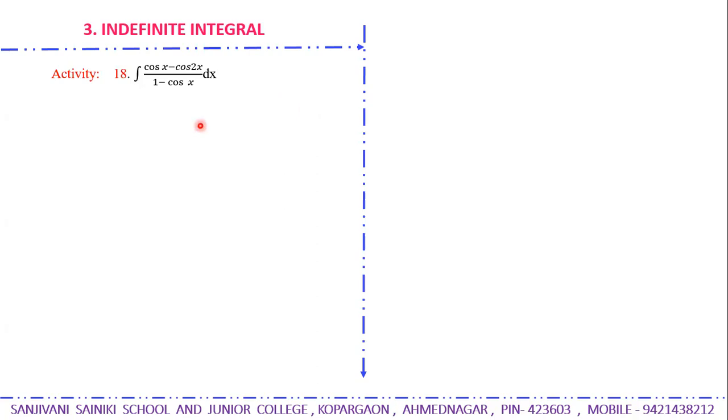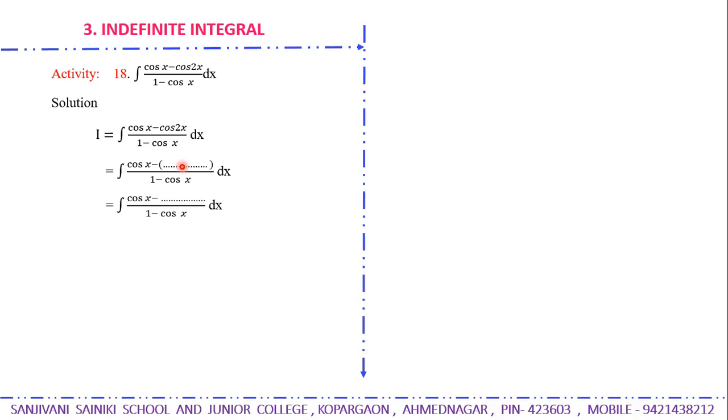Now the next example is cos x minus cos 2x upon 1 minus cos x. Here also we have to use the formula. Now here what we will do? We will take cos 2x. Here cos 2 theta can be written as something. Then again we have to simplify it.